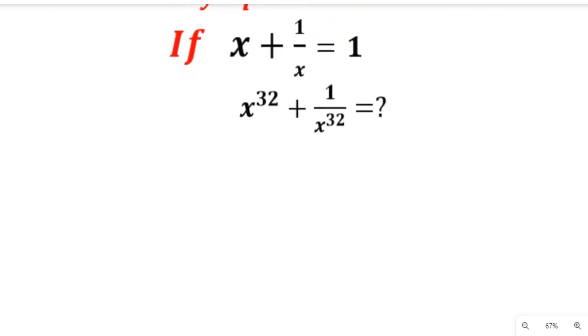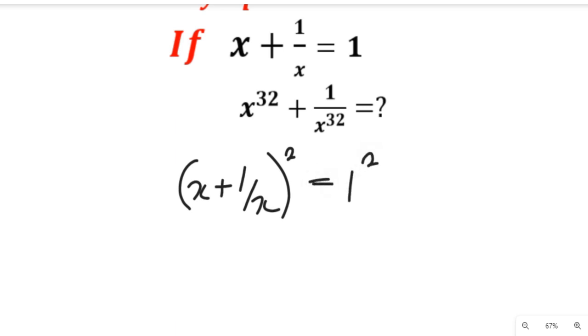Now, to solve the first equation, we want us to note that we are given x plus 1 divided by x equal to 1. So what we're going to do is to square both sides. If we square both sides, we'll have x plus 1 divided by x all squared equal to 1 squared.